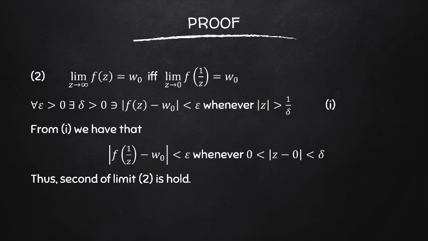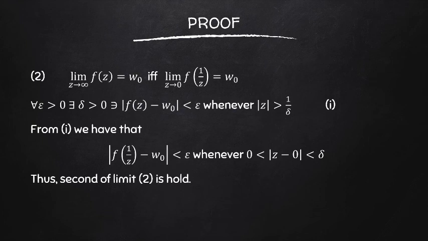Next, we have the proof for case 2, that is, the limit as z tends to infinity of function f(z) equals w0 if and only if the limit as z tends to 0 of function f(1/z) equals w0. Same as the proof before, we have the definition of the limit, that is, for every epsilon positive there exists delta positive such that the absolute value of f(z) minus w0 is less than epsilon whenever the absolute value of z is greater than 1 over delta.